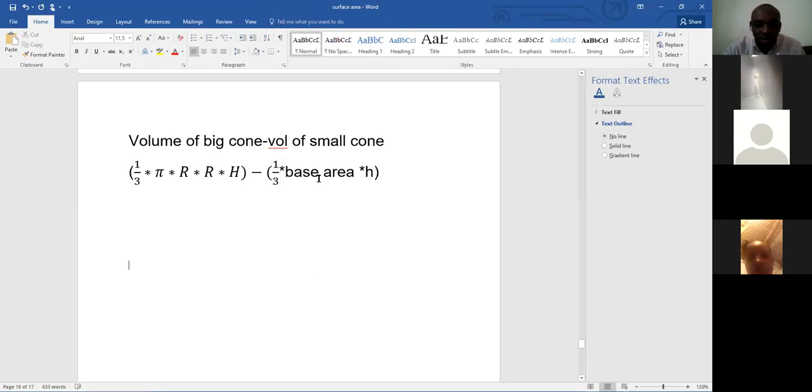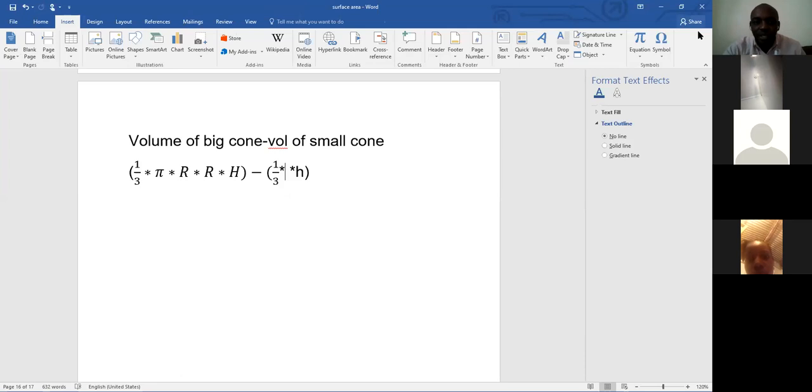Then for the small cone here, we insert our pi, that pi times small radius times small radius, and then you multiply by the height. So this is how you are going to get this.